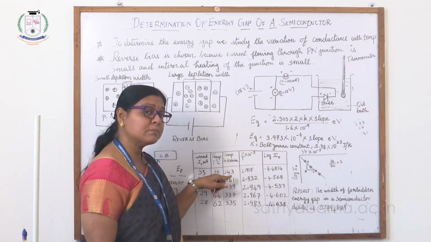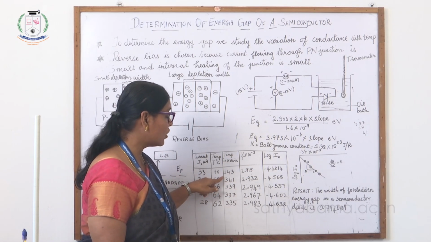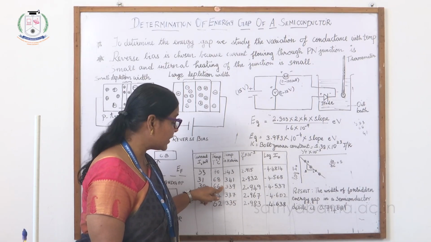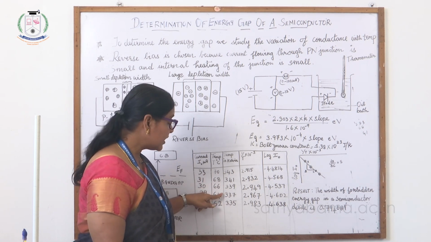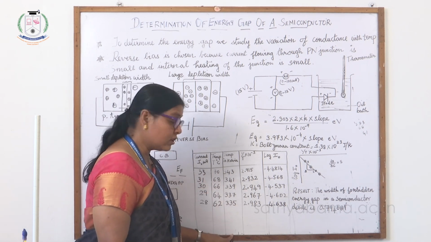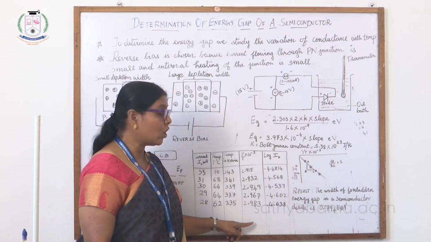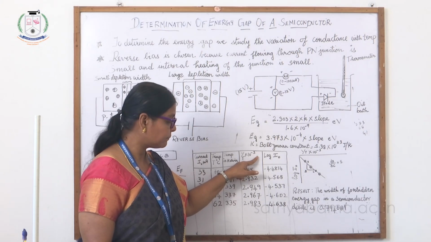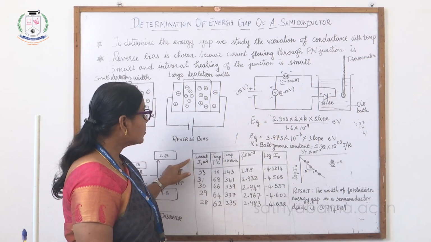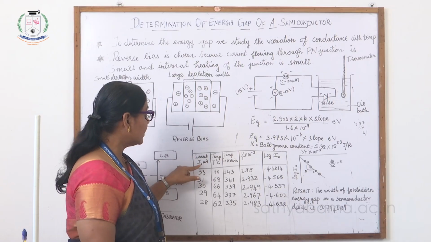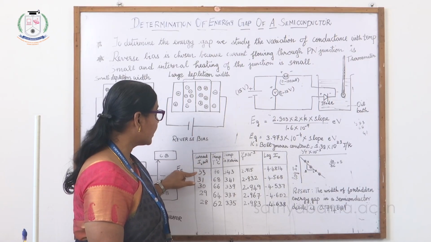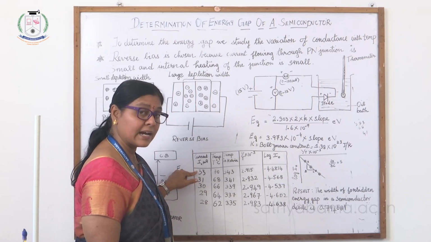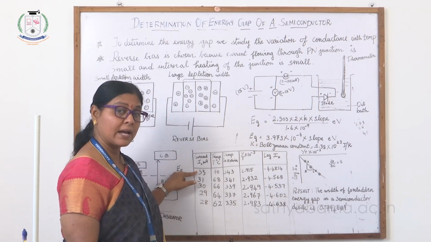Likewise, I am going to perform calculations for 341, the next temperature in Kelvin, 339, 337, etc., and I arrive at the column 1 by T into 10 power minus 3. And then I have to convert one more quantity, that is the current. I am going to take the log value of the microammeter current I have observed.